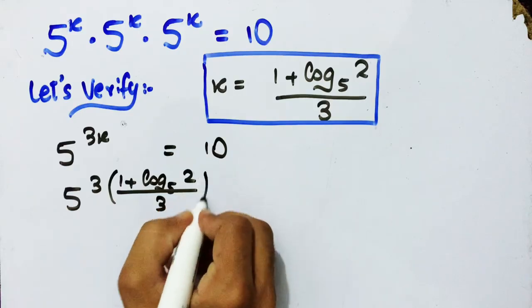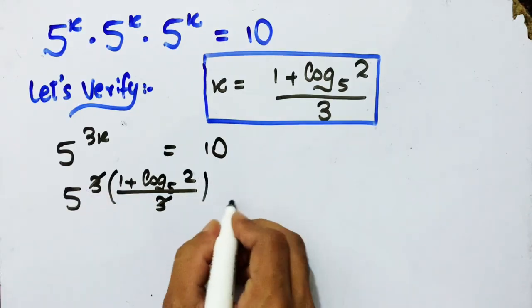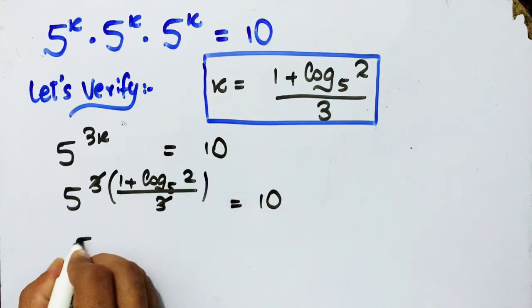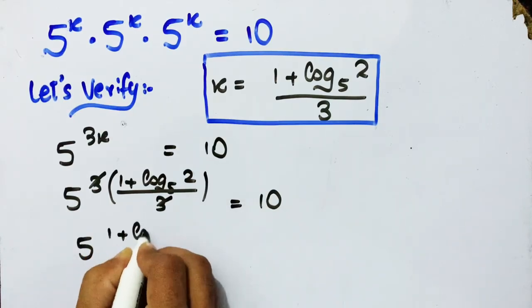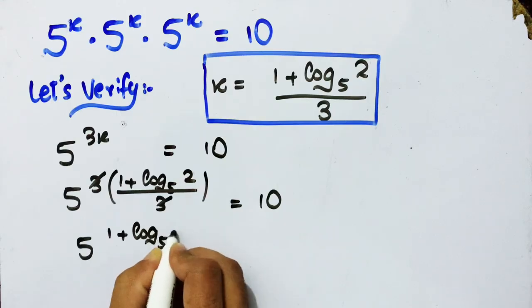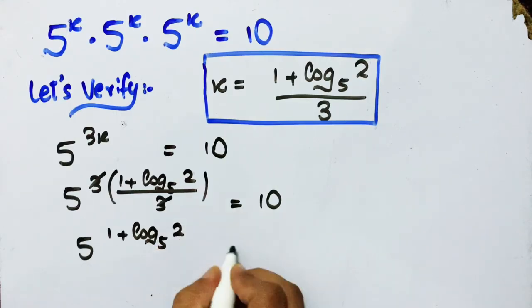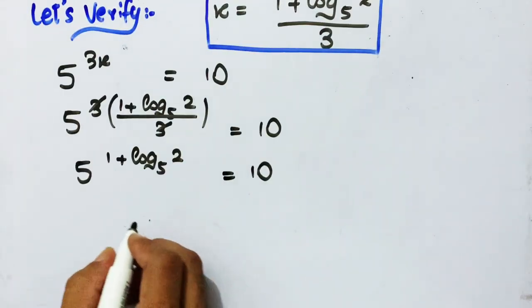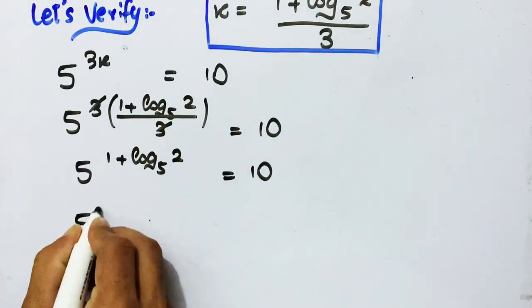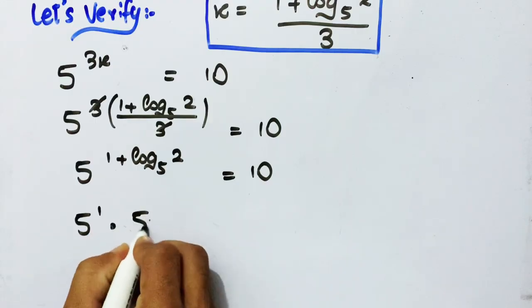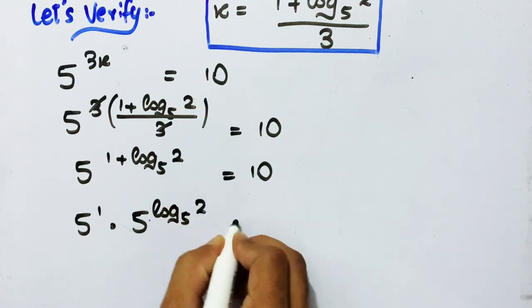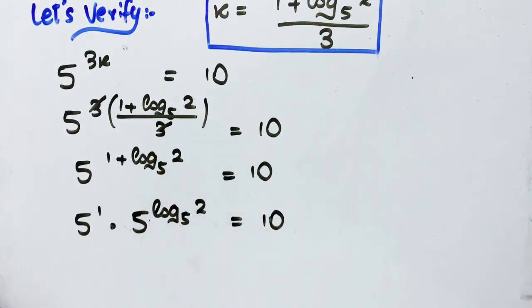The 3 and 3 cancel, so we get 5 to the power of 1 plus log base 5 of 2, which equals 5 times 5 to the power of log base 5 of 2, equals 10.